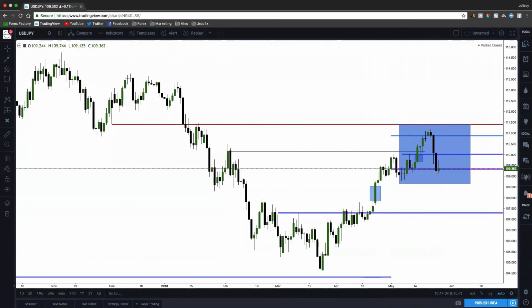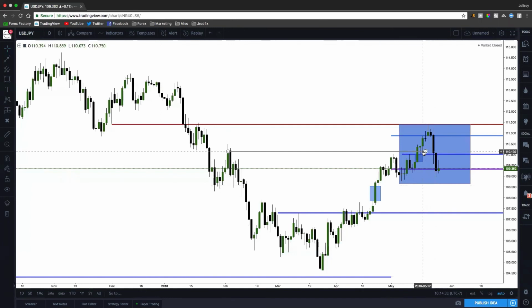But I'm not actually going to be trading this pair simply based off the fact that it's not following dollar index. I've lost too much money trying to trade pairs not following the sync of the dollar index. I just have a way better read on price action when I know what the dollar index is going to do, and the pair that I'm trading is actually following that. This pair is not following that at the moment, so I'm not going to be looking for any trades on USD JPY.